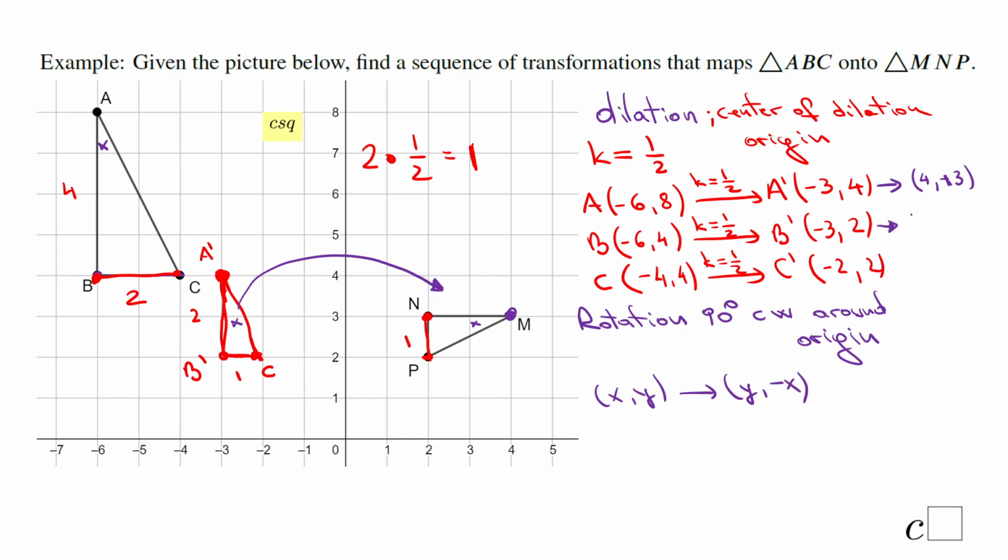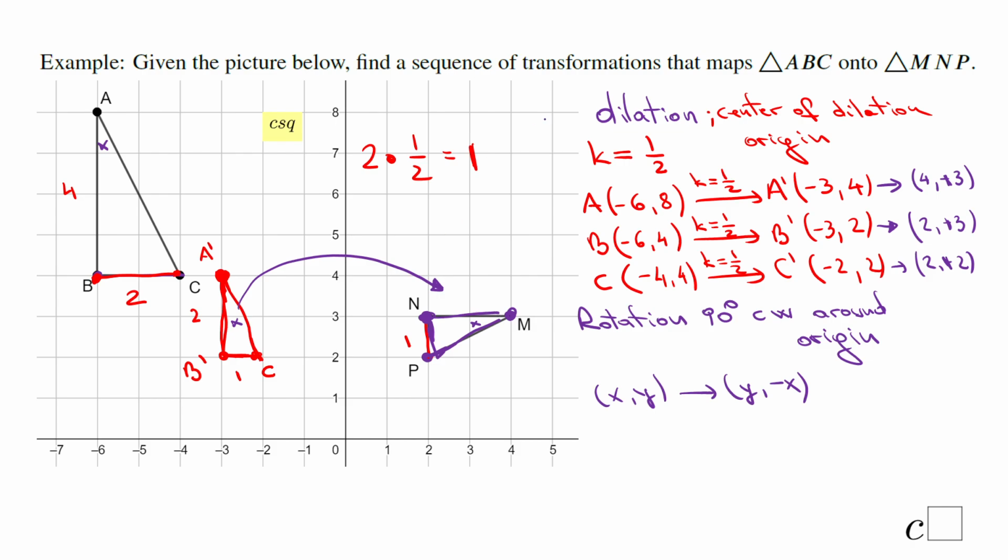And this one we switch 2 and -3 and change the sign. And that is 2 and 3. This is this guy, notice. And obviously the last one we switch 2 and -2, and we change the sign, we get this one. So yes, we did find now the sequence of transformations.